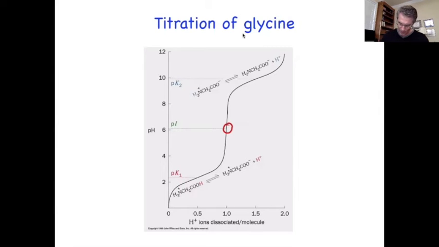And we keep going and keep adding hydroxyl equivalents. And again, we hit a second plateau. This is the acid-base equilibrium for the alpha amino group. And there again, at its horizontal inflection, is the pK of that alpha amino group.